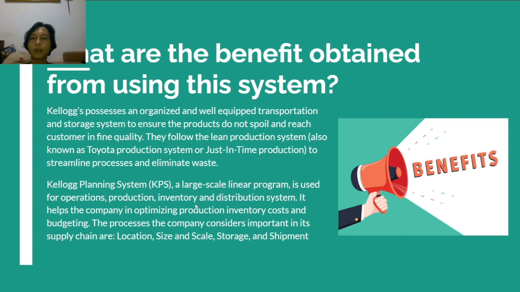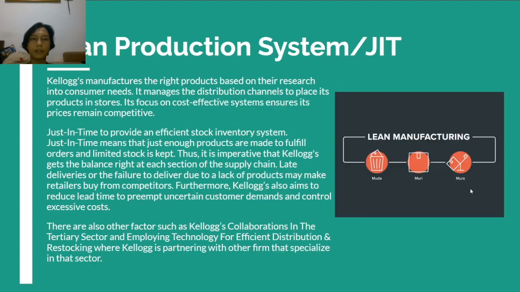Kellogg Planning System or KPS is a large-scale linear program. It is used for operation, production, inventory, and distribution. It helps the company optimize production and inventory costs and also the budgeting. The processes the company considers important in its supply chain are location, size and scale, storage, and shipment. So these are the benefits.